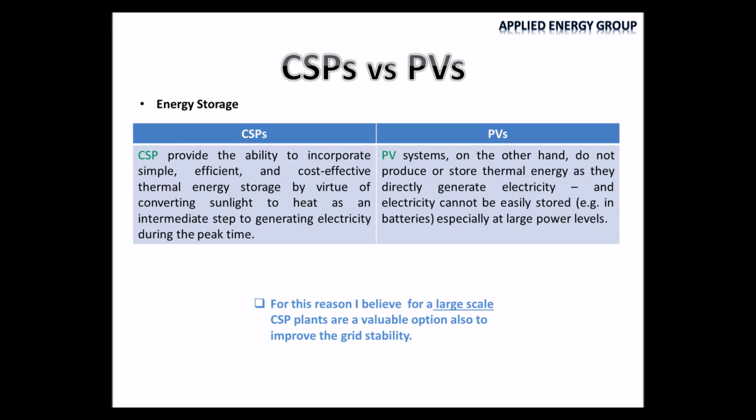On the other hand, photovoltaic systems don't produce or store thermal energy as they directly generate electricity. For this reason, I believe for large scale, CSP plants are a valuable option, and also it improves the grid stability.